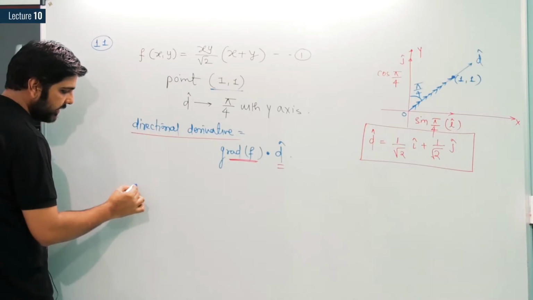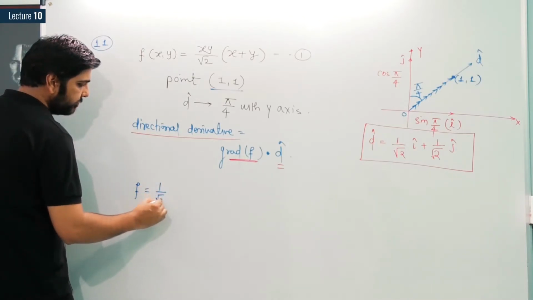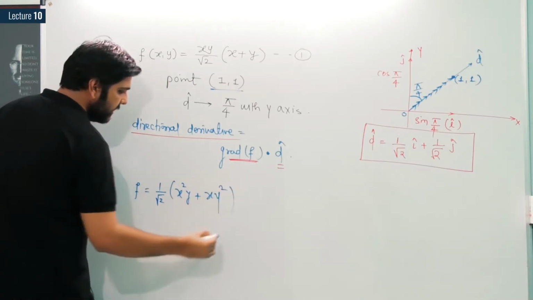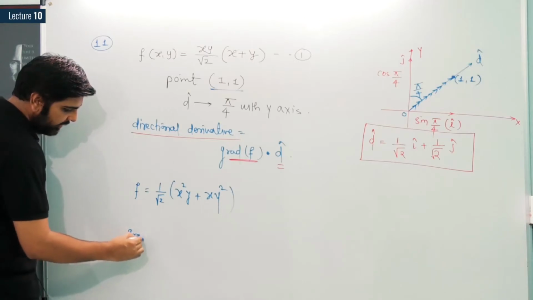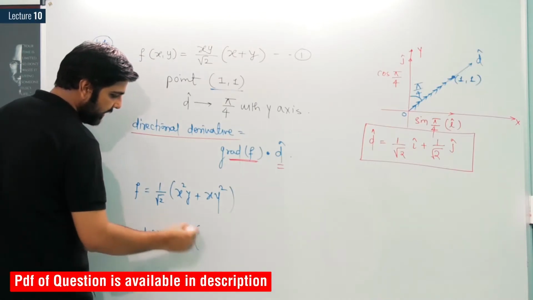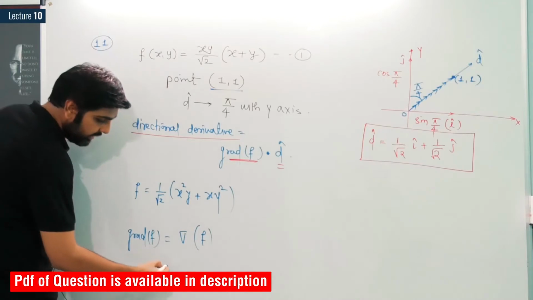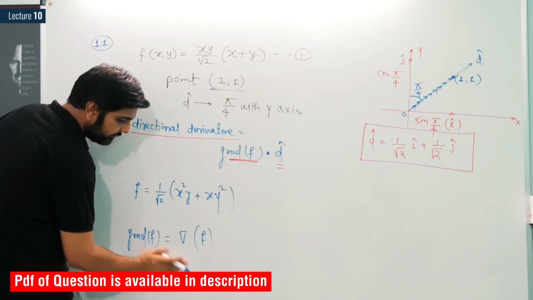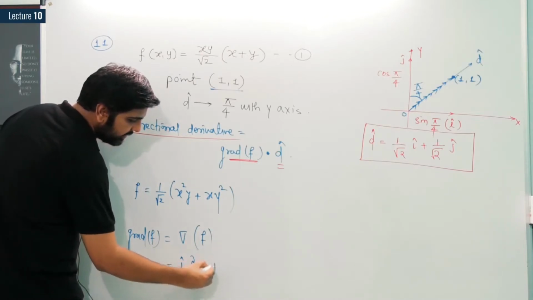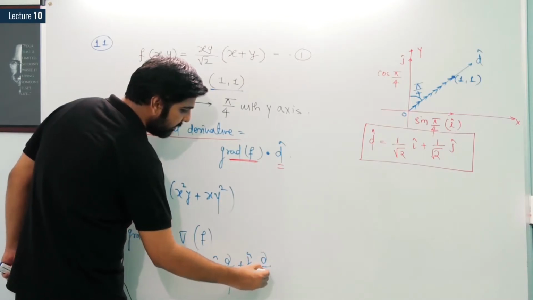So f is nothing but 1 by root 2 times (x square y plus xy square). Let us find the gradient of f, dear students. The gradient is del, a general operation: del is i cap del by del x plus j cap del by del y plus k cap del by del z.